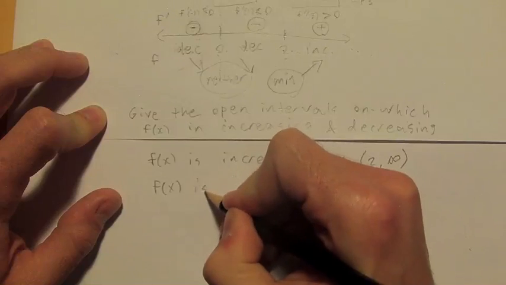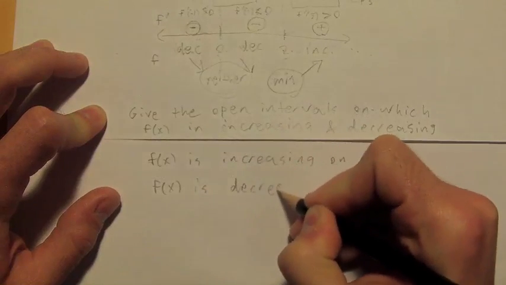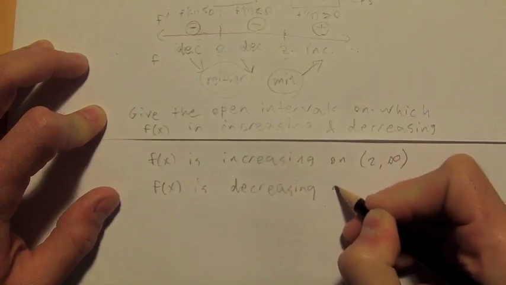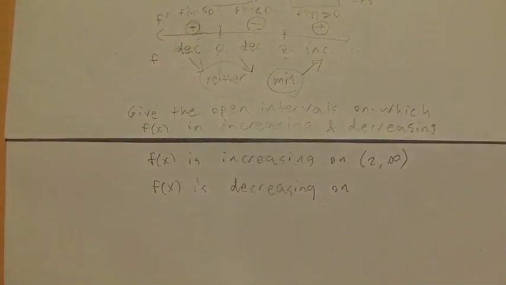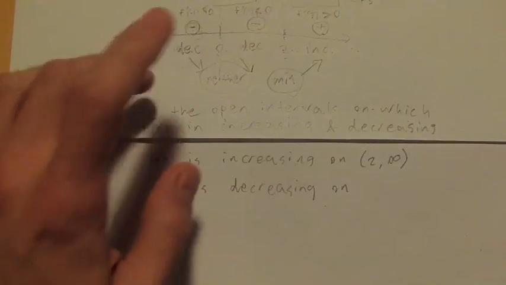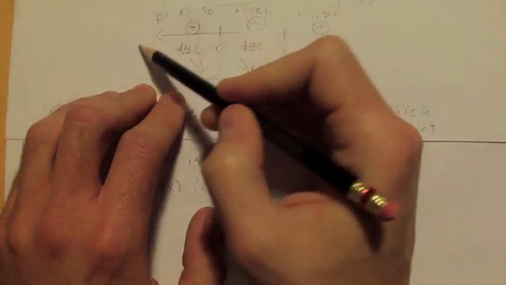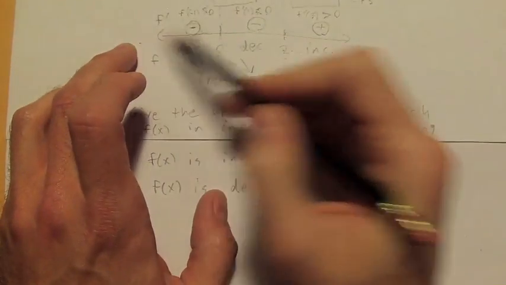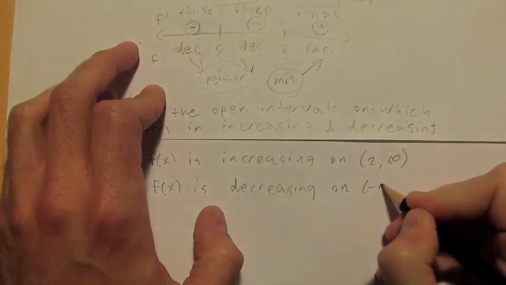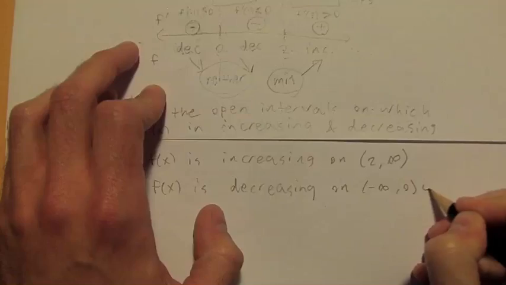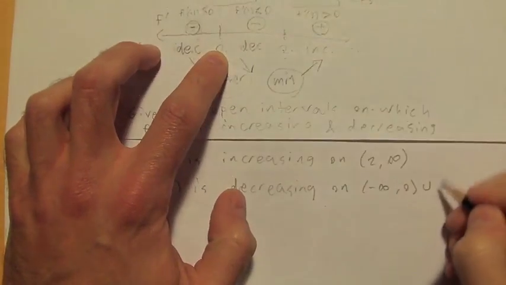And f of x is decreasing on, now here it gets a little funky, but basically we have negative infinity to 0, right? And union 0 to 2.